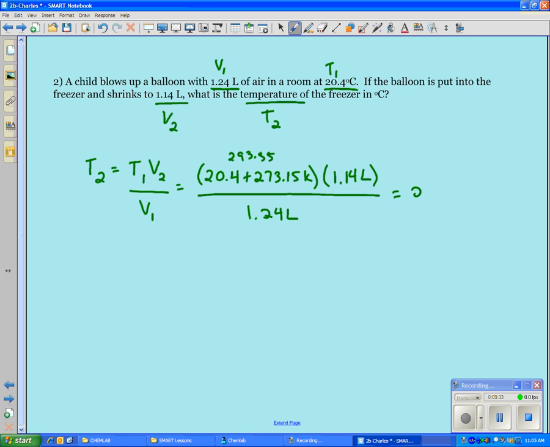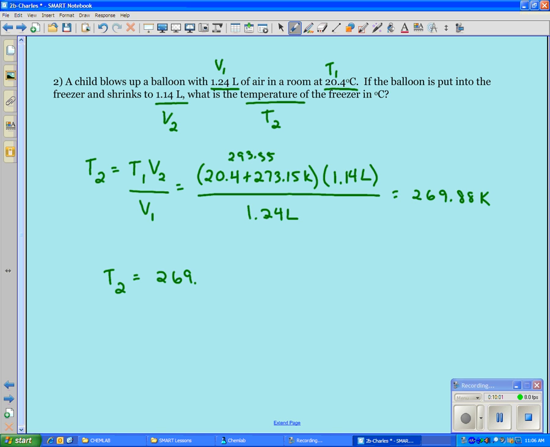So that calculation gives 269.88 Kelvin with a few other decimals. Make sure that you leave all of those decimals in your calculator. For the second part, to change it into degrees Celsius, now we need to subtract 273.15.